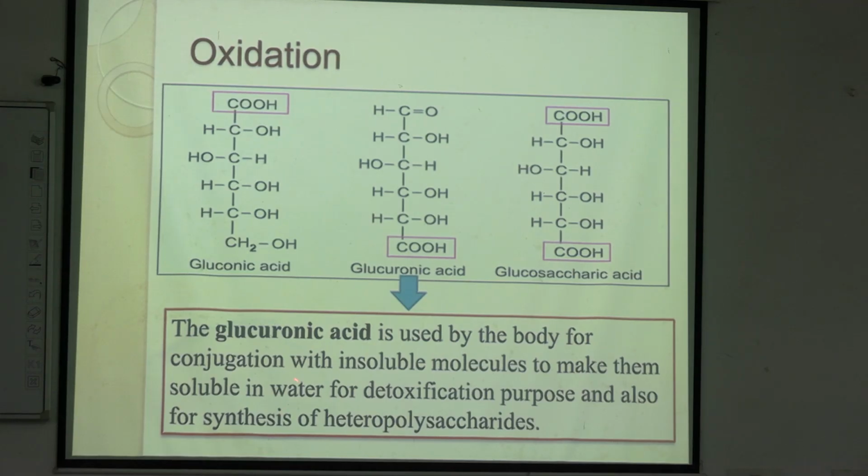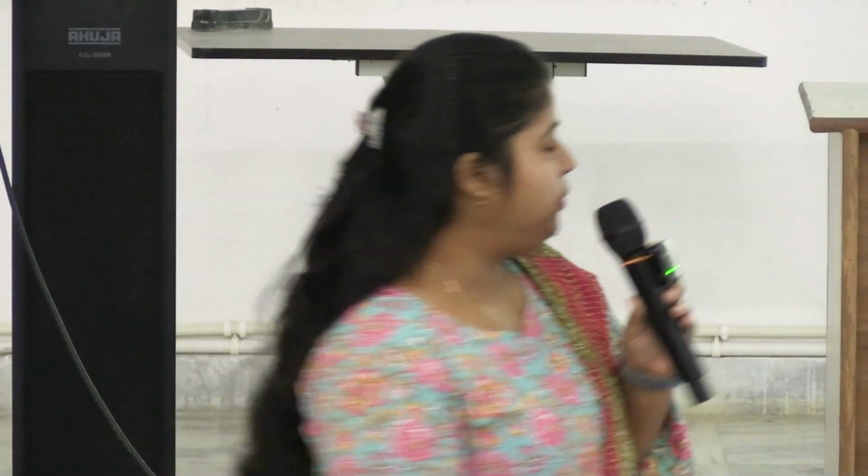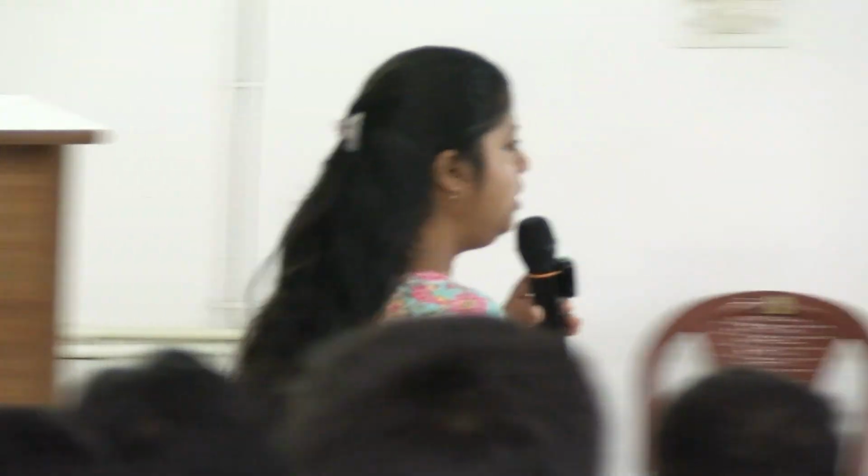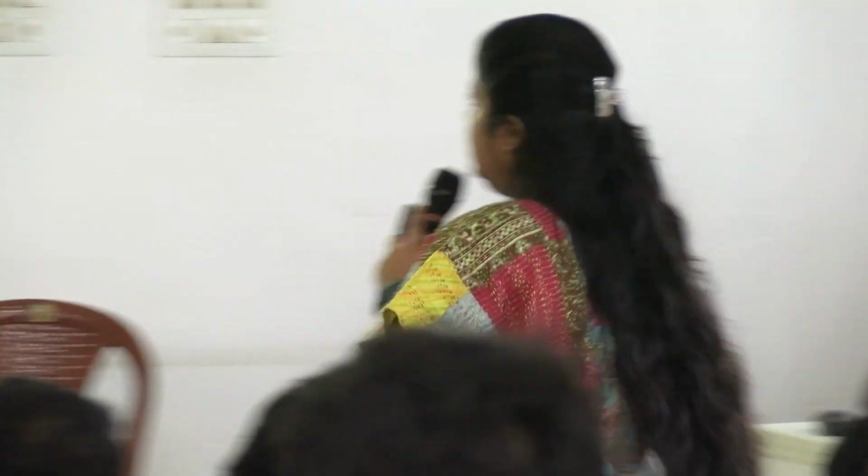That may help in detoxification, right? And also glucuronic acid helps in conjugation of bilirubin. Unconjugated bilirubins are further conjugated by glucuronic acid and they become soluble bilirubin. Okay, clear? So the oxidation of glucose is as such.